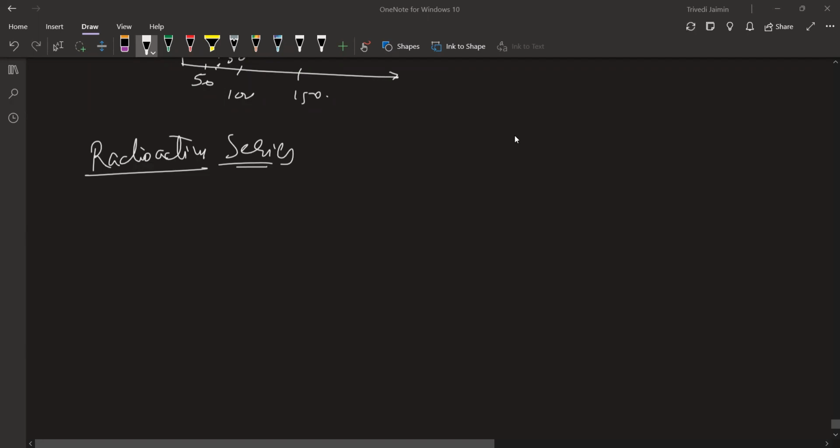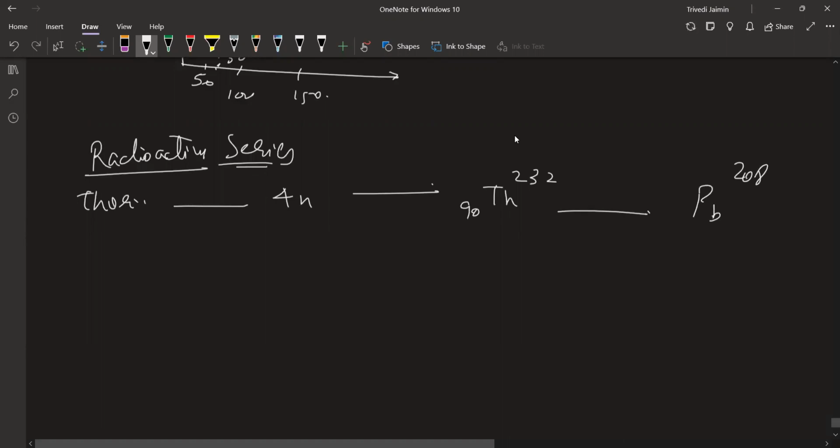If you go with the series, you can remember it like a table. Thorium series: mass number is 4n, Th 232, and the stable isotope is Pb 208. This table you know, right? It is natural.